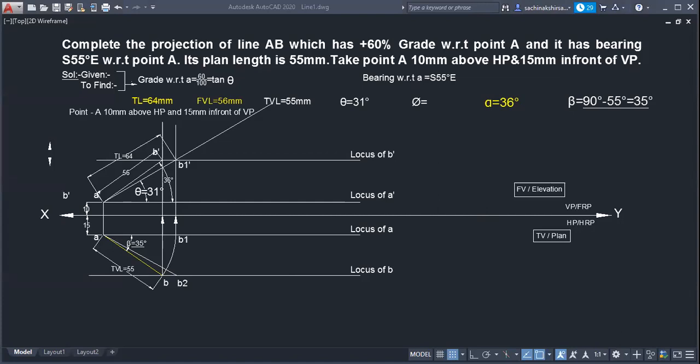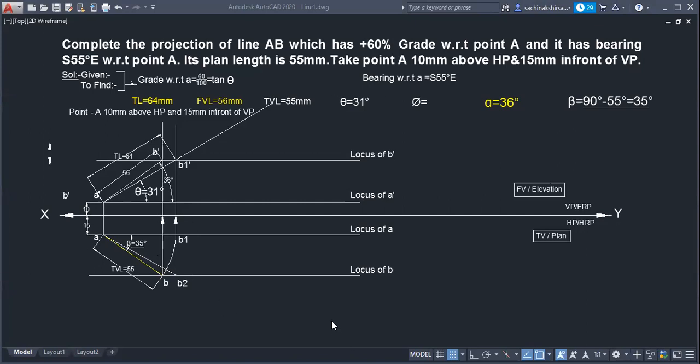Sarthak, what is your value of phi? Roll number 25. Yes, sir. 25. What is the value of phi? Okay, what is the value?